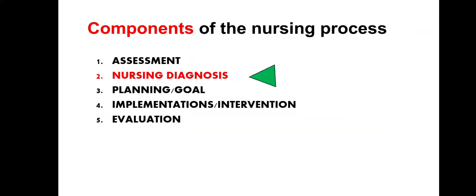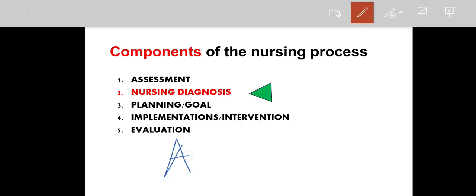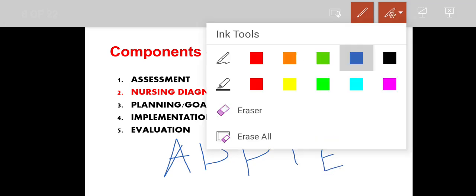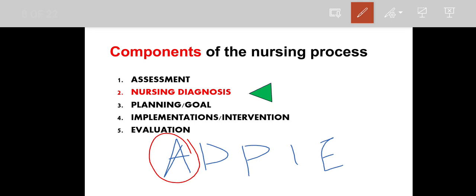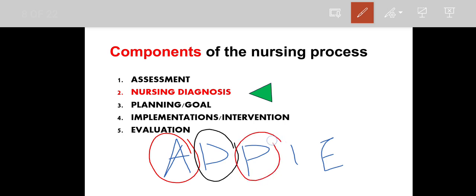So now, the 5 major components of the nursing process that we've discussed, we said they are abbreviated by ADPIE. With A being assessment, D being the nursing diagnosis, and P being the planning or goal setting, with I being implementation, with E being evaluation.